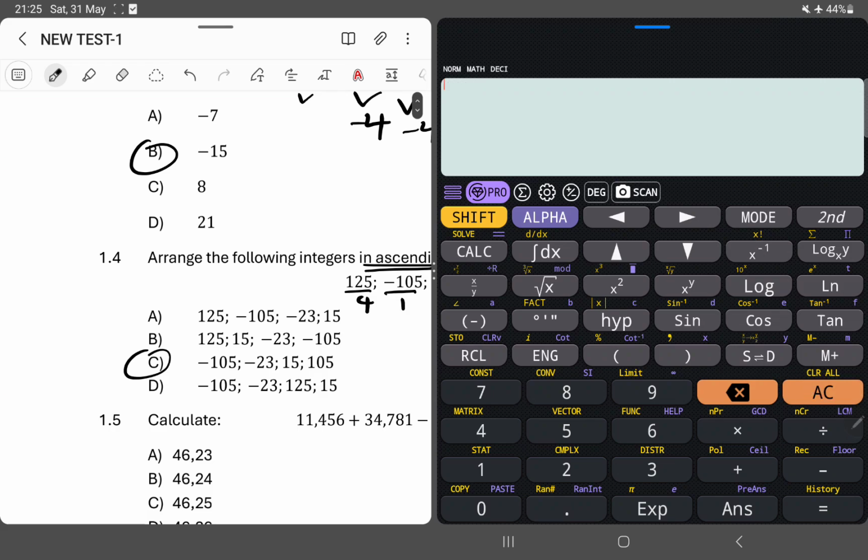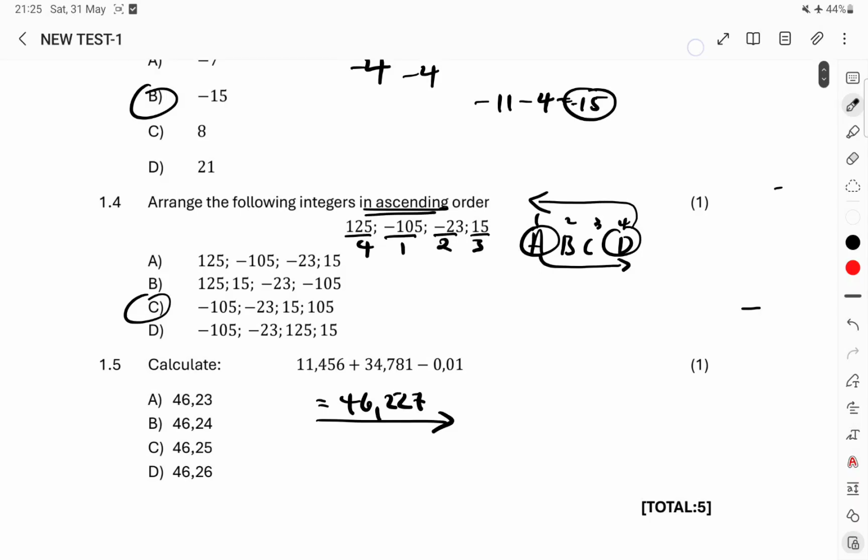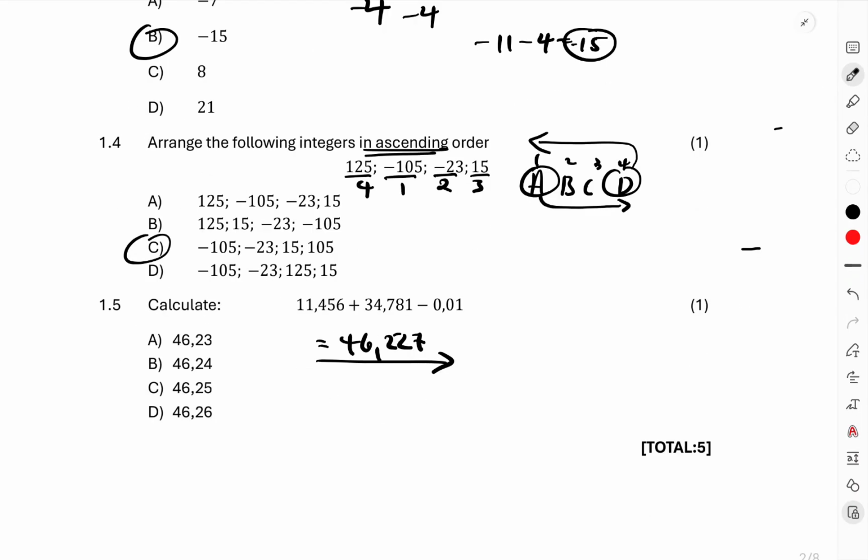I'm going to say 11,456 plus 34,781 minus 0,01. So here the correct option is 46,227, right? It means on my options I should look for 46,227, but when I look for it, I do not have 46,227, but rather I have 46,23, 46,24, 46,25, and 46,26.